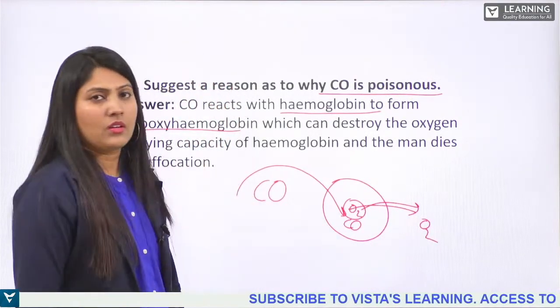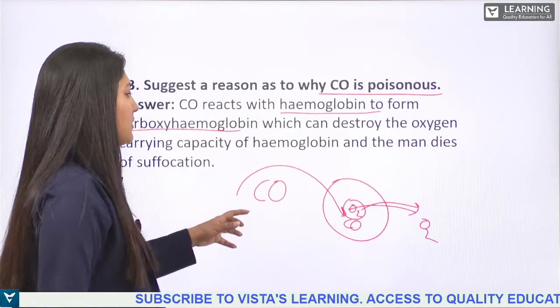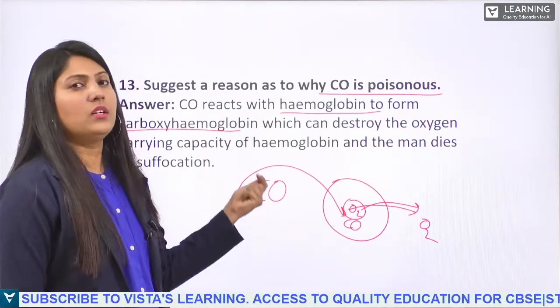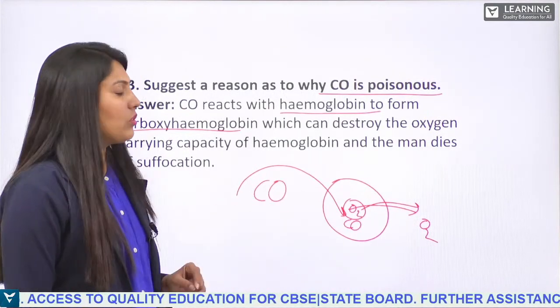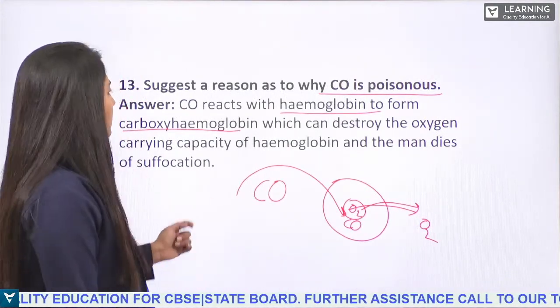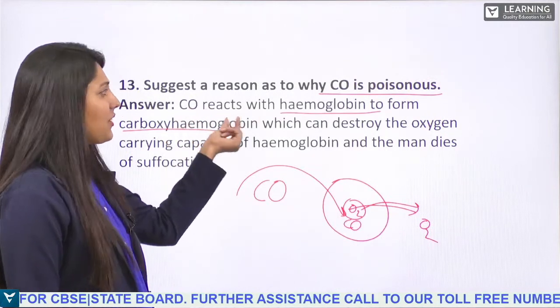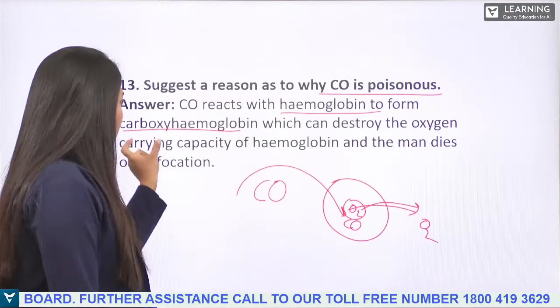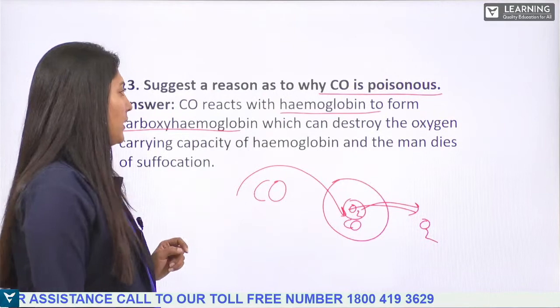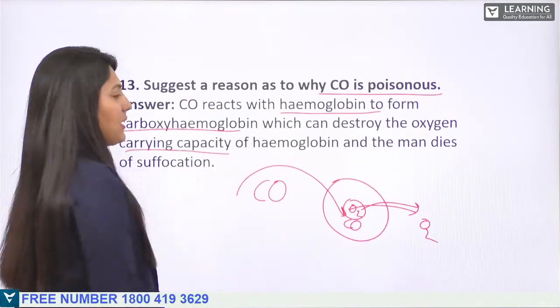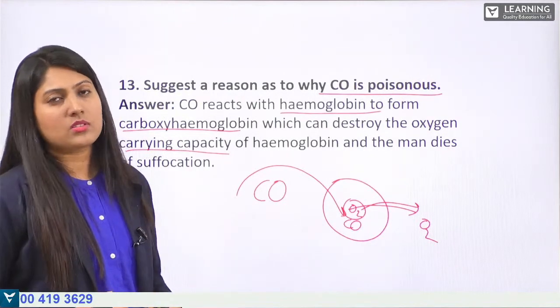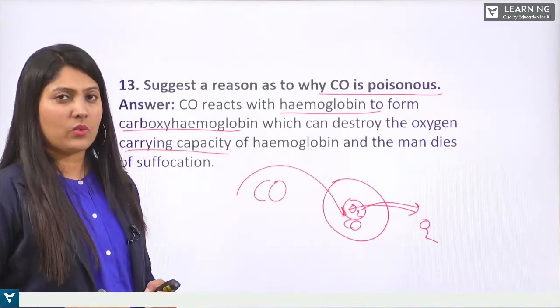Getting this point? So what happens? The absorption of carbon monoxide by hemoglobin is much higher than that of oxygen. So carbon monoxide reacts with hemoglobin to form carboxyhemoglobin, which destroys the oxygen carrying capacity. We require oxygen, living organisms require oxygen.